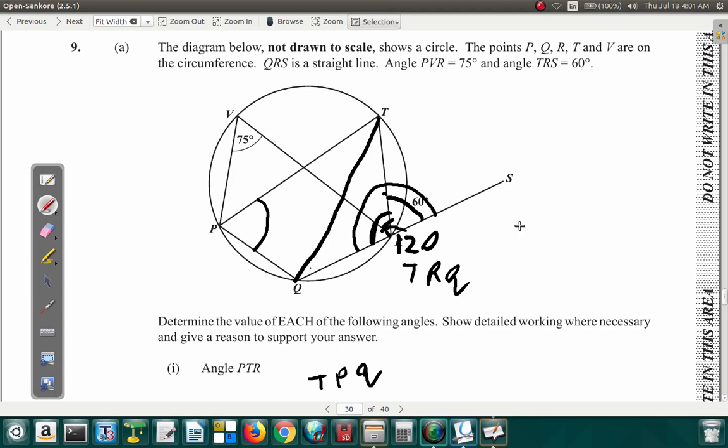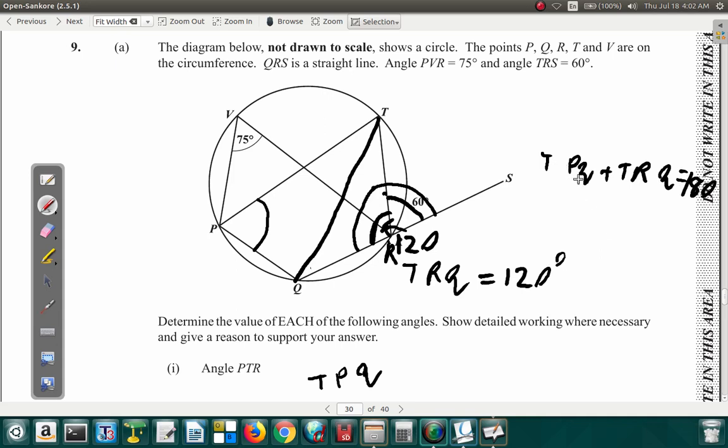So TPQ is 120 degrees. Now, oh, that's not T, this is TRQ, right? R is here. 120 degrees. Now TPQ plus TRQ adds to 180.